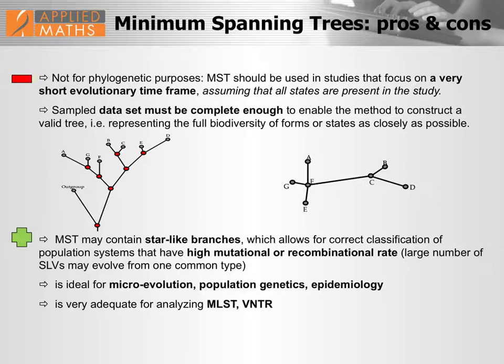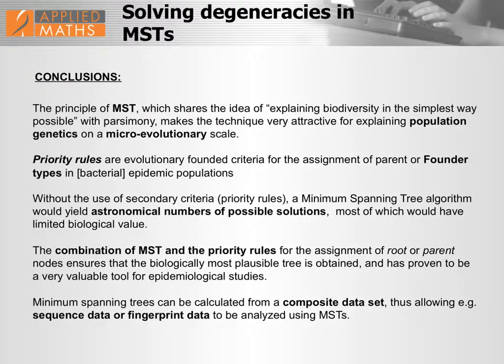Population genetics, just looking at a certain population at a short period of time, and also at epidemiology. And it's very adequate for analyzing MLST and VNTR data because you can use a categorical coefficient on these techniques.